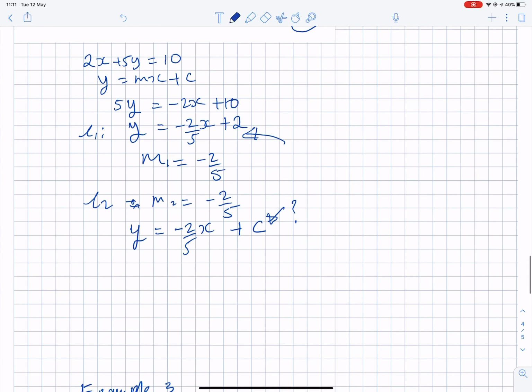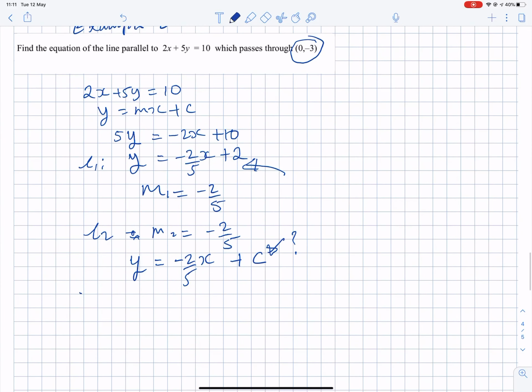Okay, so using the coordinate (0, -3), you need to substitute the values of x and y into this equation. So y is negative 3 equals negative 2 over 5 x plus c. Beg your pardon, we do need to put 0 into here, so x is 0.